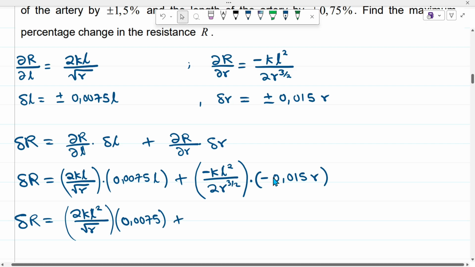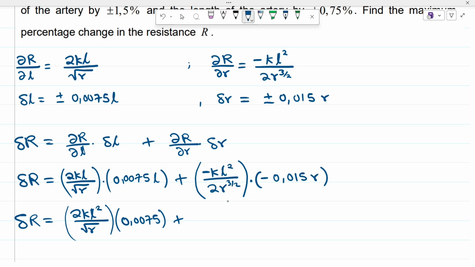So here I'm going to multiply R by that, and that's going to be k L squared divided by 2r to the power 3 over 2, and then 0.015.